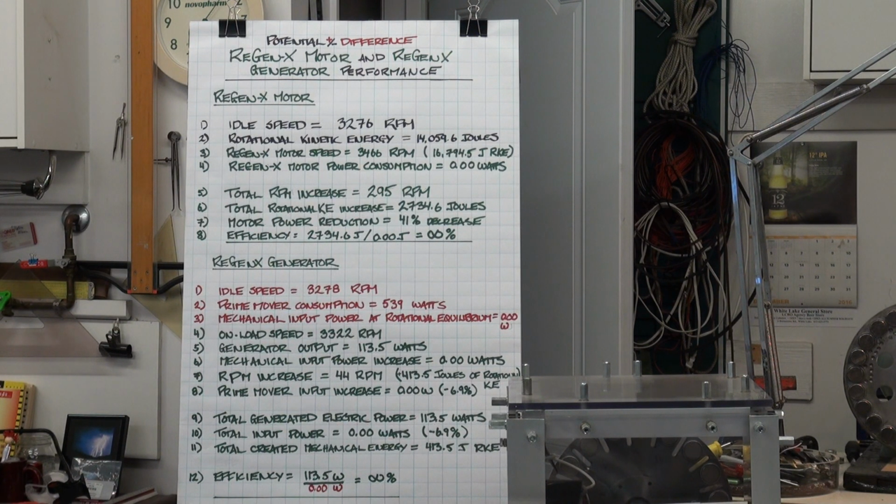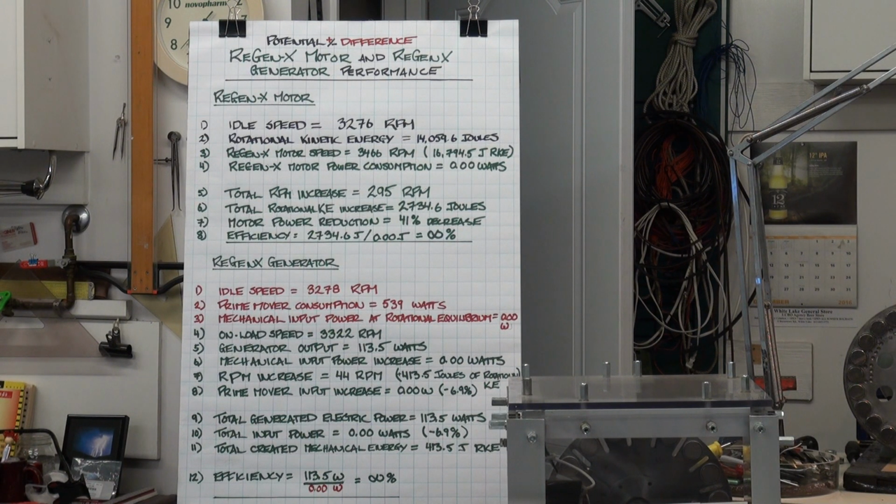The original EV traction motor's input went down by 41%, and the efficiency of operation of the ReGen-X motor, increasing the speed of the system with no electrical input power, is infinite percent. Then we demonstrated the ReGen-X generator.